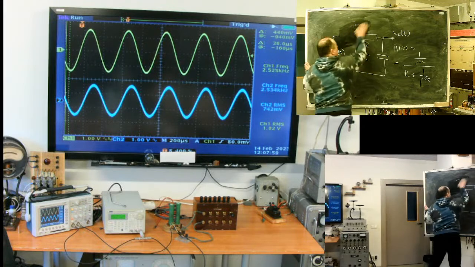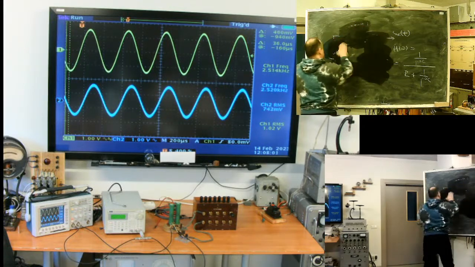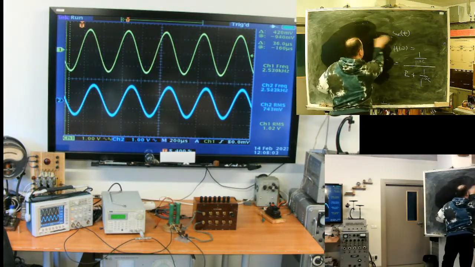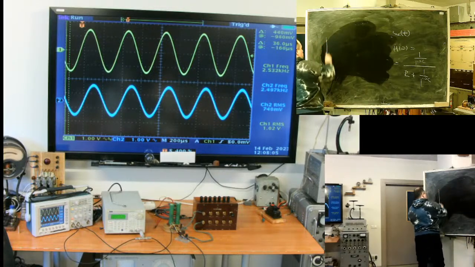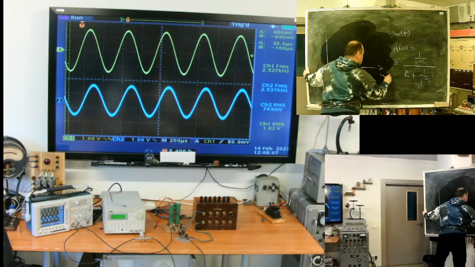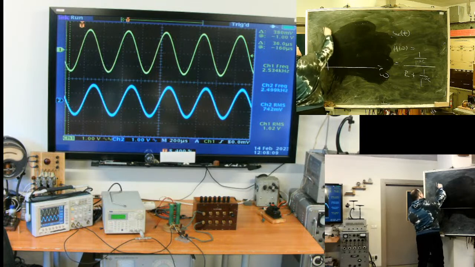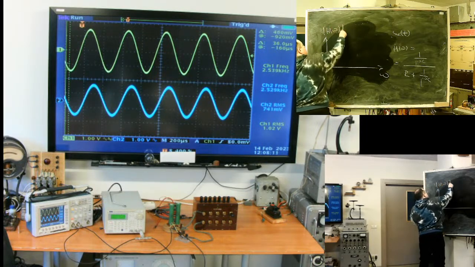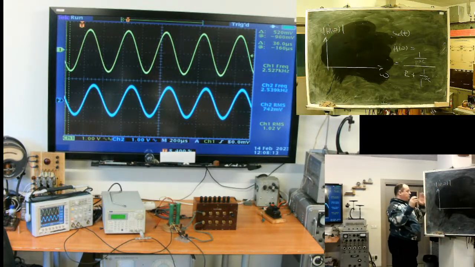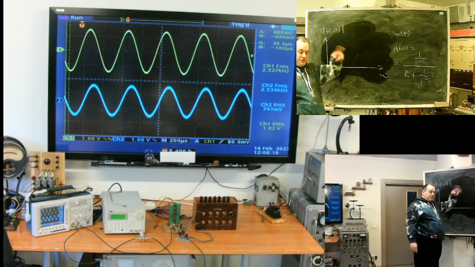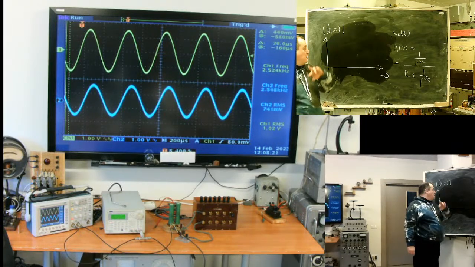Can we plot a chart? Frequency, value of transfer function, absolute value. Of course. I just put resistance and capacitance.